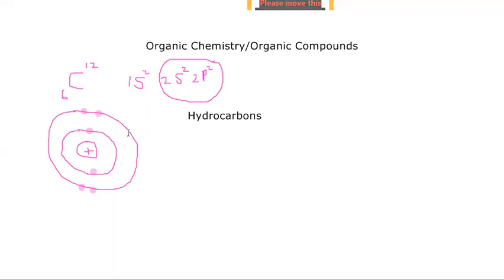Today we will only discuss the organic molecules which have carbon and hydrogen. So let's start with the first basic organic molecule.